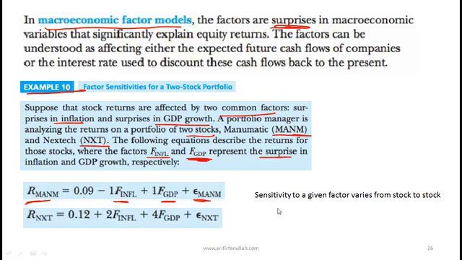Okay. The sensitivity to a given factor. The sensitivities are sort of the betas to a given factor. So which stock is most sensitive to surprises in GDP growth? So clearly this stock depends a whole lot more on surprises in GDP. So this seems to be the more risky stock.